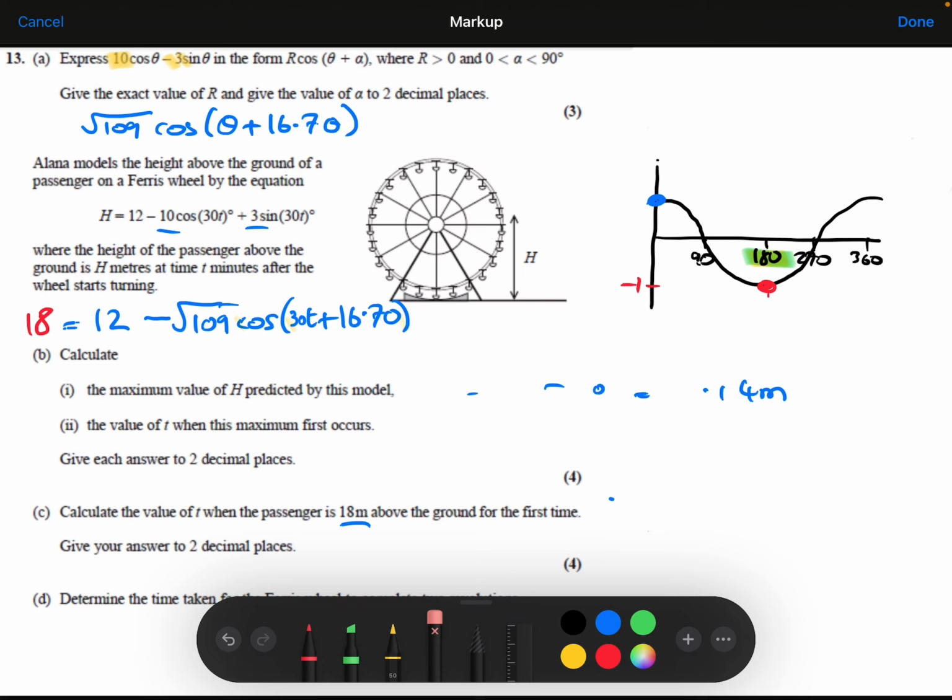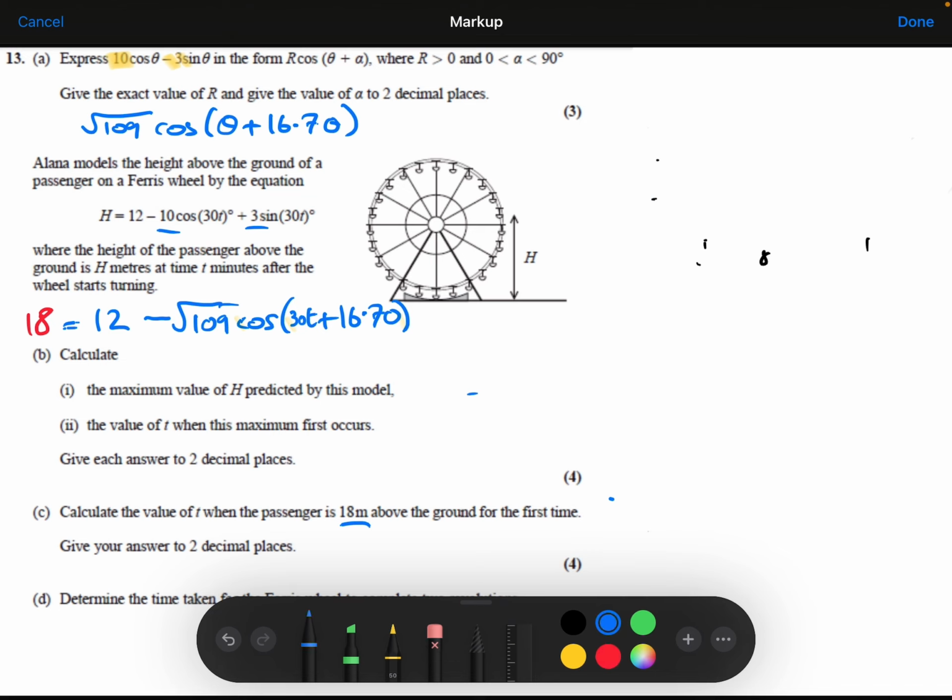So subtracting the 12 from both sides, I get 6 is equal to minus root 109 cos 30t plus 16.7. I'll then divide both sides by the minus root 109.